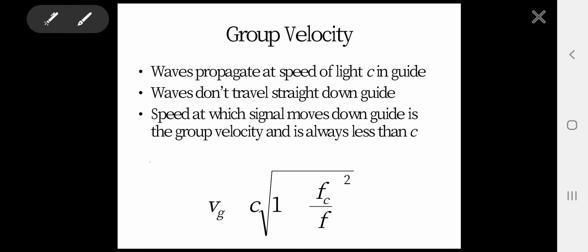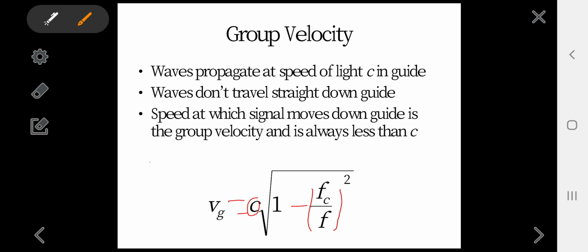So group velocity Vg is always less than the velocity of light. Here Vg equals c times the square root of 1 minus (fc upon f) whole square, where fc is the cutoff frequency and f stands for operating frequency.